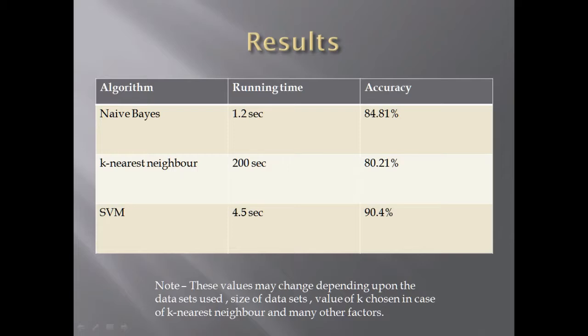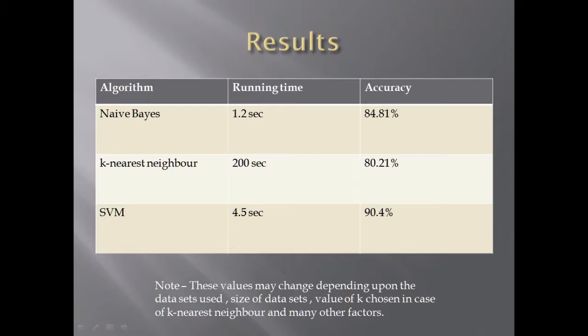So k nearest neighbors take around 200 seconds, accuracy 80%, and SVM takes around 4.5 seconds with accuracy around 90%. So here we can easily see that the accuracy of SVM is highest, but naive Bayes is also pretty close, and considering its running time is very much less than both of these, naive Bayes can be a very good algorithm.